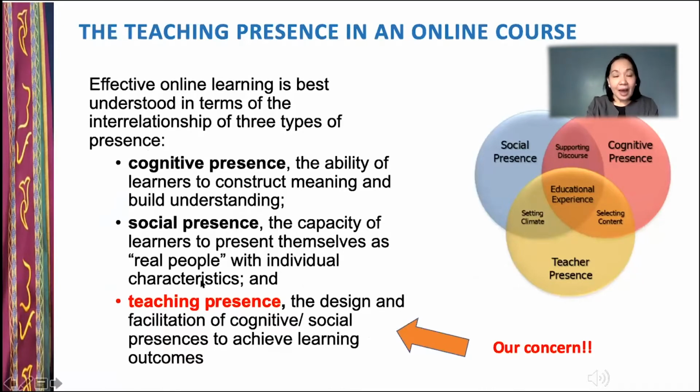So our concern now is how we will be able to do it. Our teaching presence, as expressed in the way we design and facilitate, is so that there will be cognitive and social presences among our students. And those are essential for us to achieve the learning outcomes.